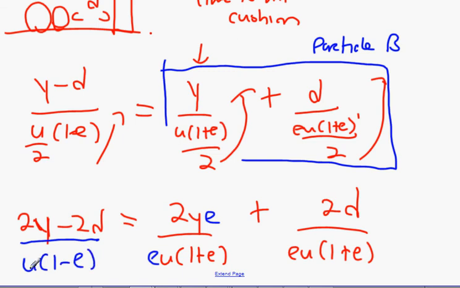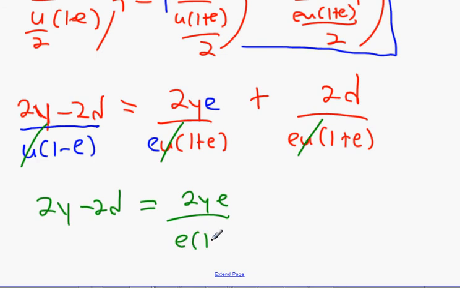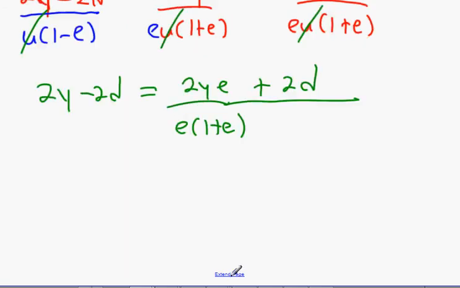Cancel the u's. Okay? And now I'm going to be left with 2y minus 2d equals 2ye all over e into 1 plus e. Oh sorry, that's the one denominator now, plus 2d. Cross multiply. Might as well multiply that out, won't we? e plus e squared. And did I already multiply that by 1 minus e?